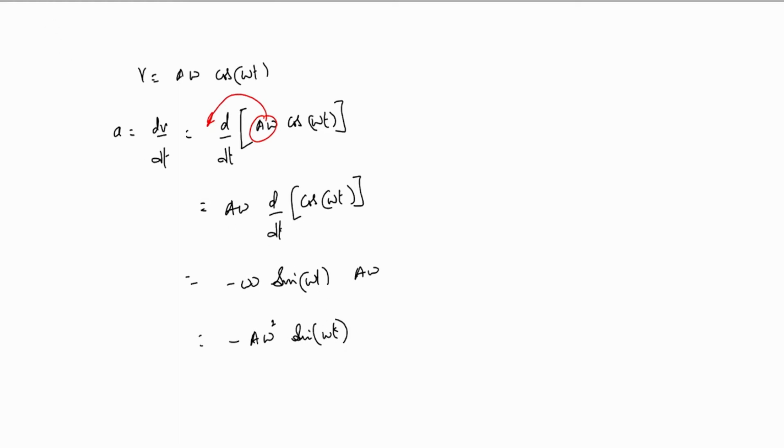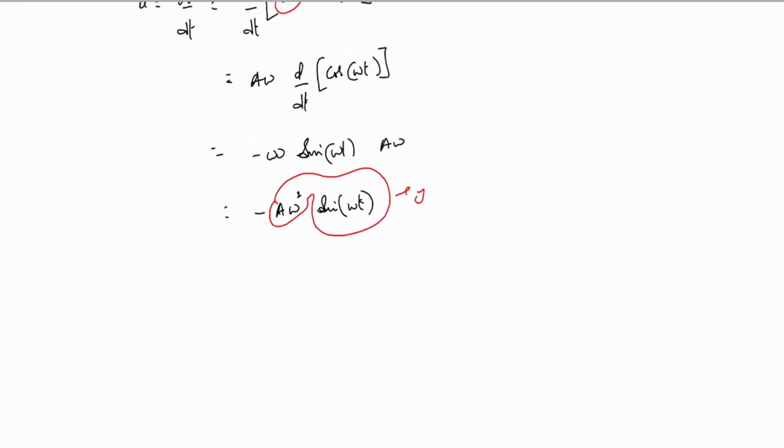But recall that the displacement is given as A into sin omega t. So this term here is the displacement y. Therefore, acceleration is equal to minus omega square into y. So it is very obvious that the acceleration depends directly on displacement. The more the particle is away from the mean position, the more the acceleration.